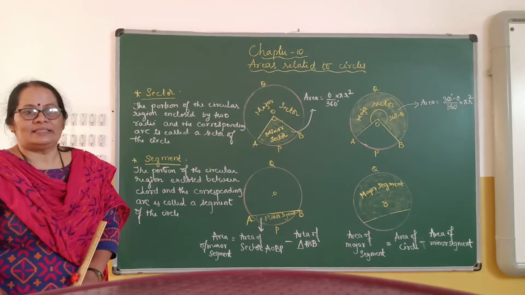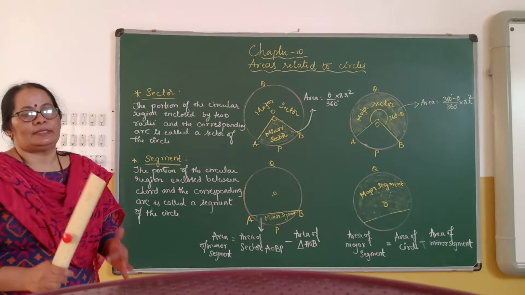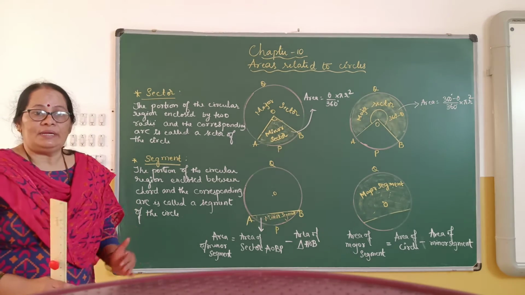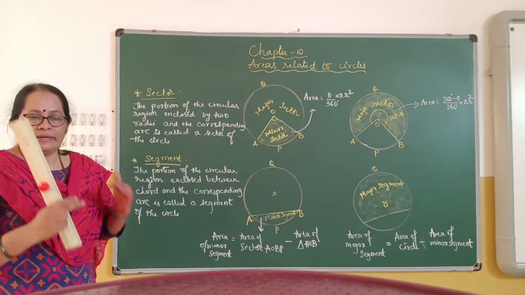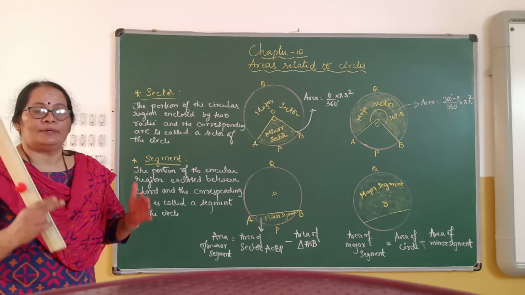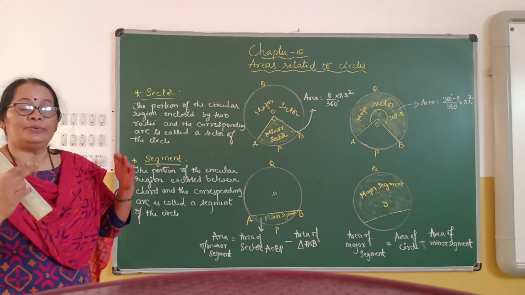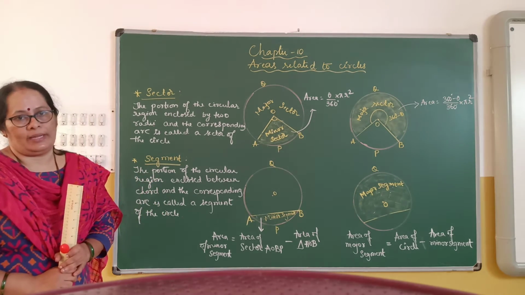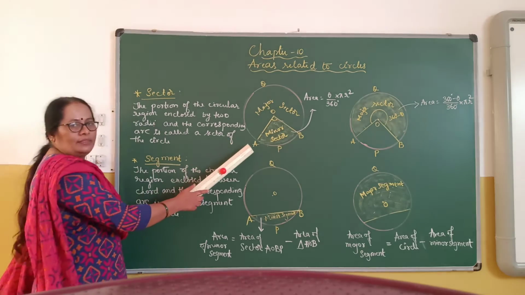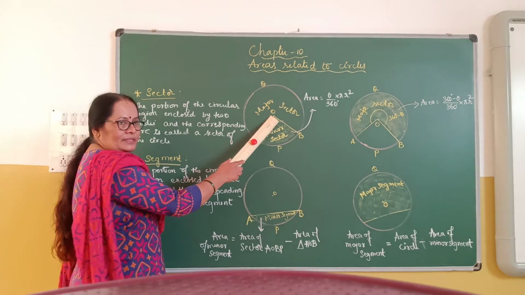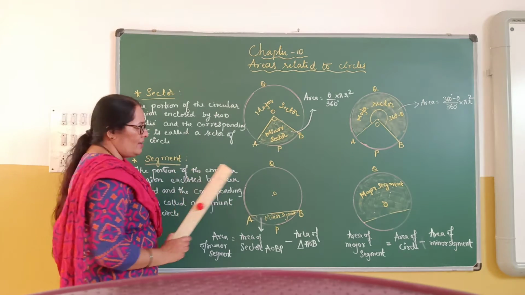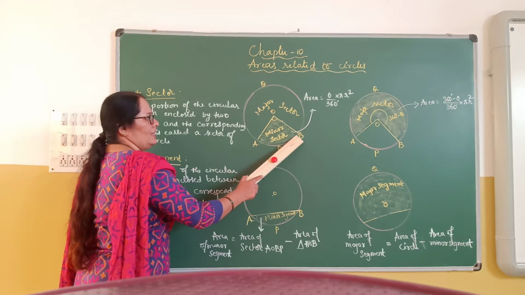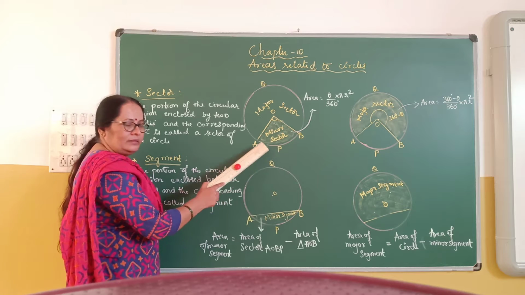What do you mean by sector? It is a portion of a circular region between two radii and the corresponding arc. See in this figure, a circle with center O, where OA and OB are the radii and the corresponding arc is APB.